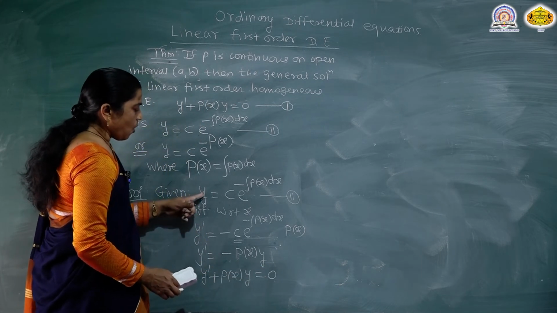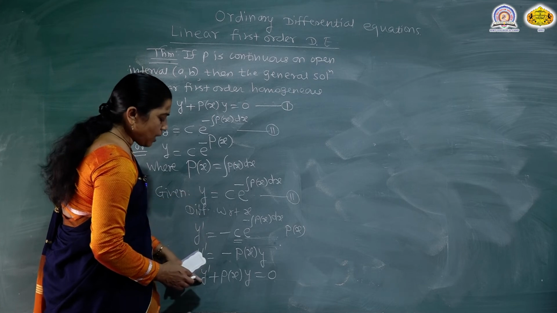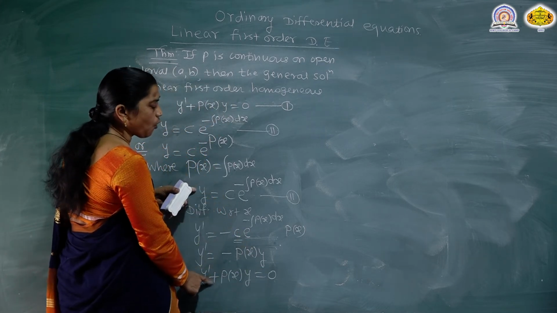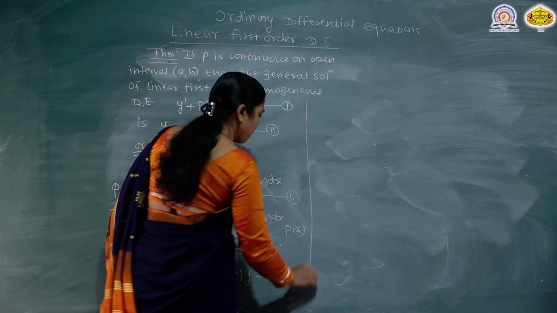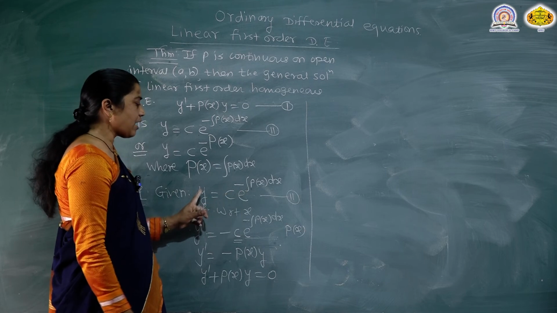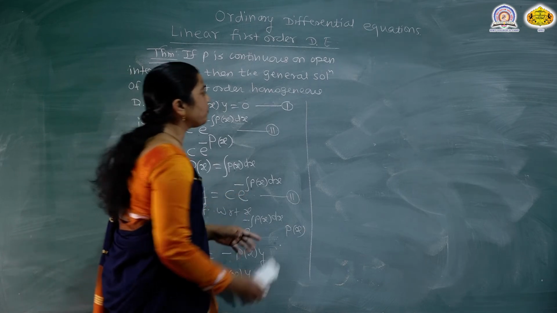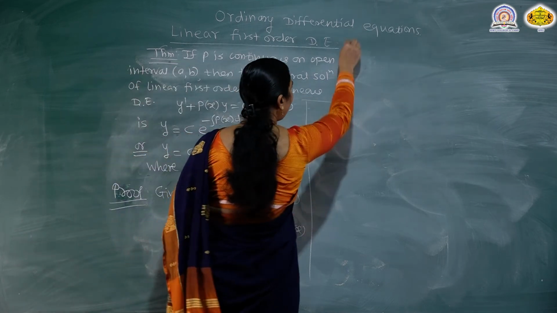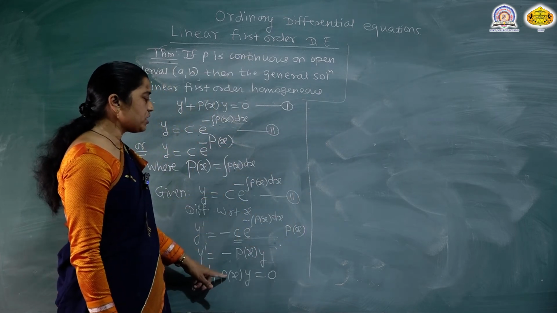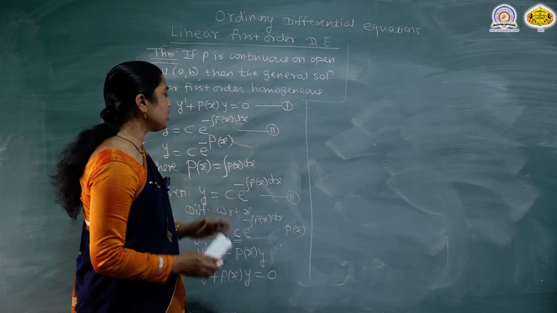Observe that y satisfies this differential equation, therefore y is solution of this differential equation. So in the first part we have shown that y is solution of this differential equation as it satisfies it.